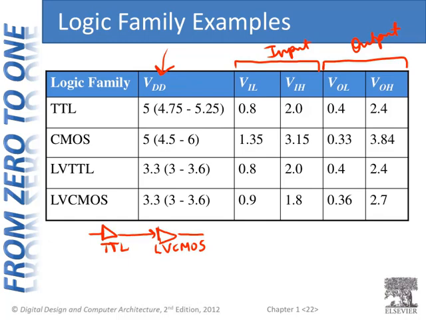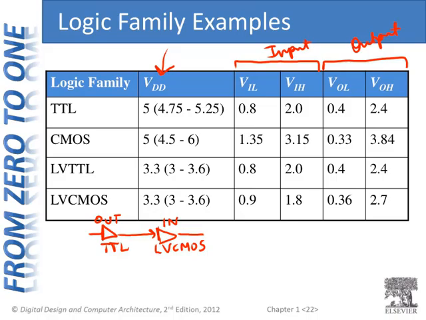So we're interested in the output characteristics of our TTL circuit and the input characteristics of our low voltage CMOS, or LV CMOS, circuit. Where do these numbers come from? Input high, input low, output high. They come from a data sheet. So if you ever use a chip, you can get the data sheet. Often you Google it, or it comes with it when you order it, and you can read these electrical characteristics.